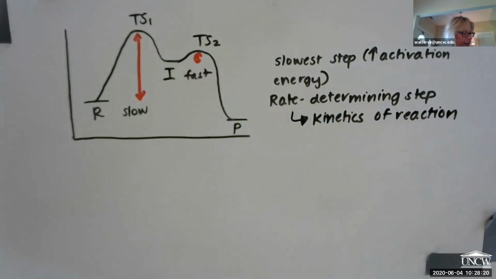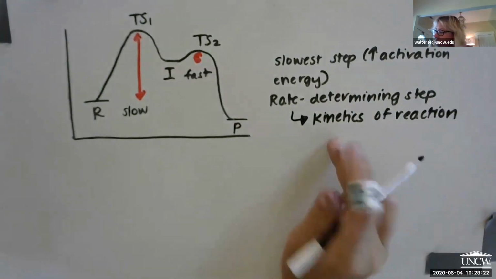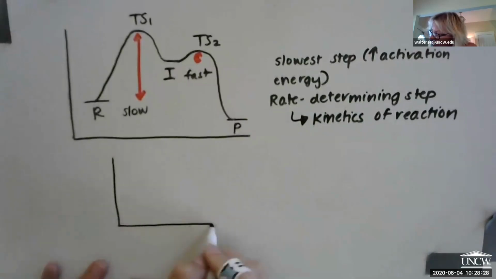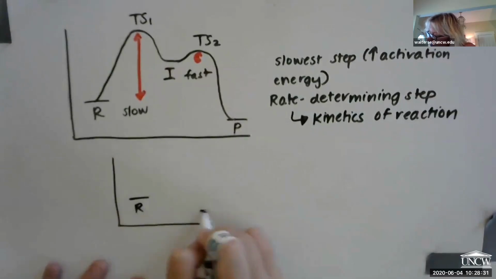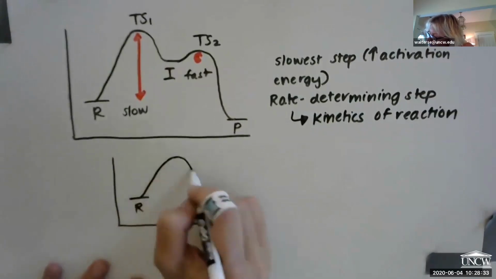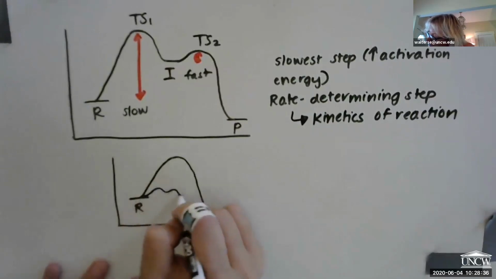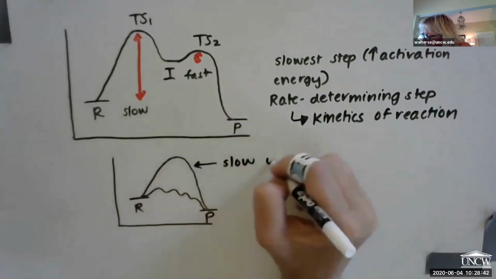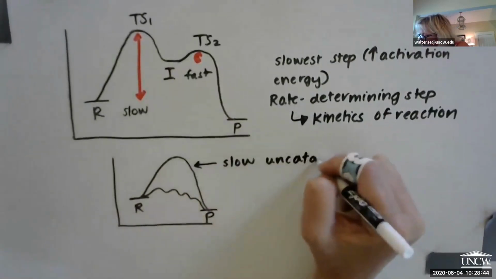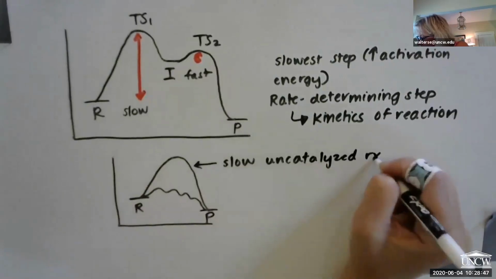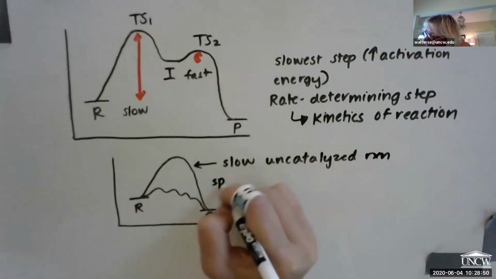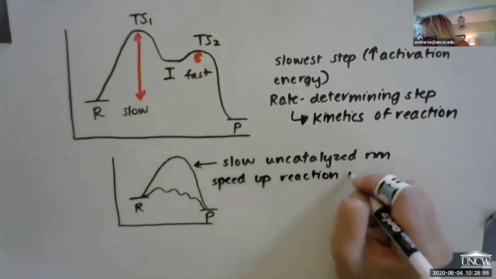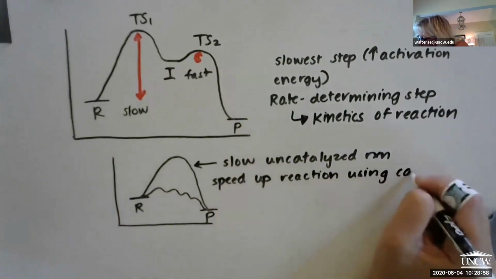The last little bit of energy level diagrams I want to cover before we talk a little bit about kinetics is what happens when you have a catalyst. So a slow uncatalyzed reaction, you can speed these up using a suitable catalyst.